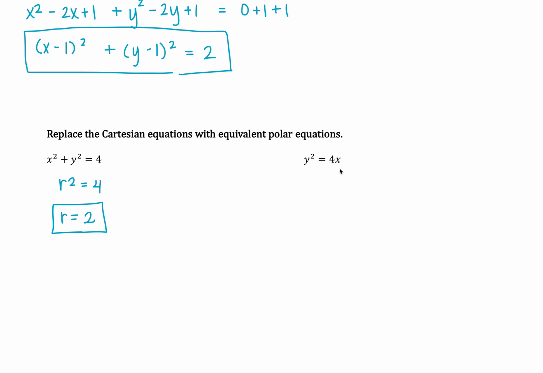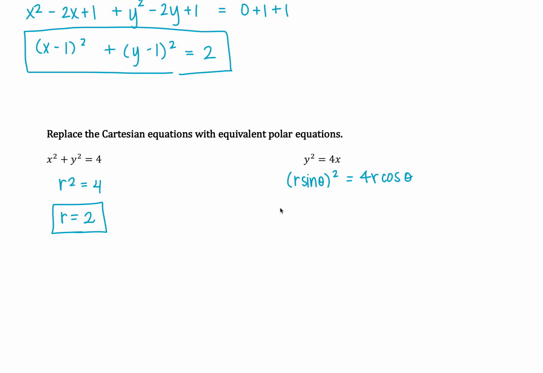For the second one, y squared equals 4x, this is one that is simpler looking as a Cartesian equation. We know that y is equal to r sine theta. So I have r sine theta squared equals 4 times x, which is r cosine theta.